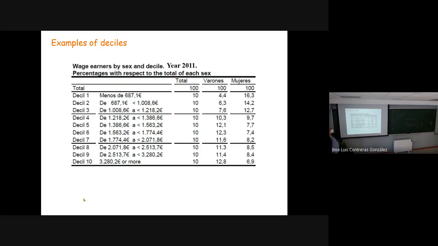This is the wage earners by sex and decile during the year 2011. This is an example of how to use the deciles to characterize a population. So what does this mean?